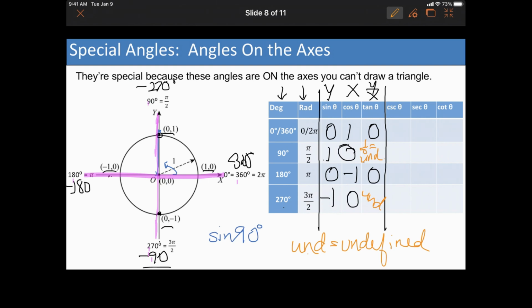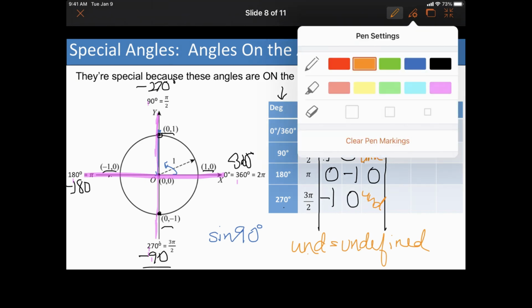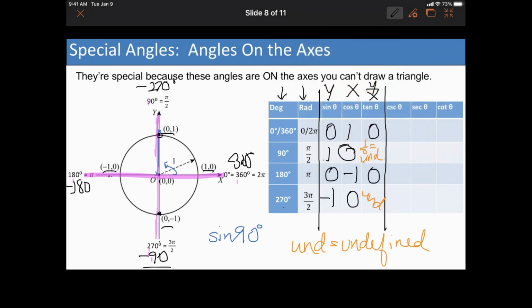So then cosecant is the reciprocal, right? So it's going to be 1 over y. We're flipping that over. So when you have 1 over 0, that's going to be undefined again.